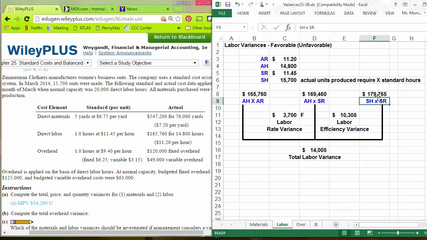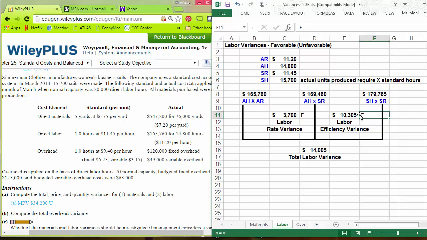Times the standard rate, we get 179,765. And again, that standard hours is based on the fact that we actually made 15,700 suits during that month. And we take the difference between the two, we get the 10,305, and this is also favorable because we ended up using less hours than what we were expecting.